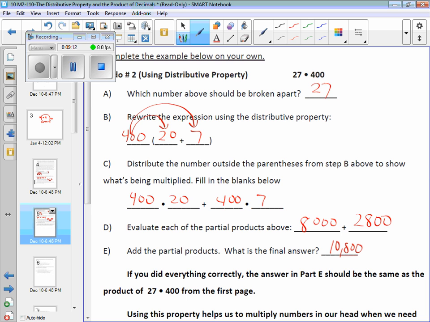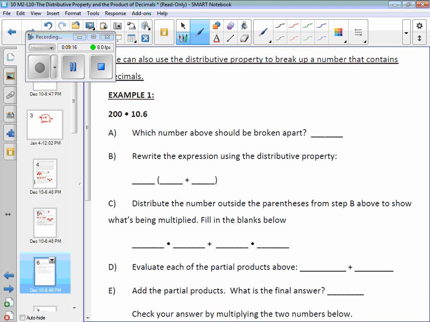Ready for your first decimal? Here it comes. Now you've got 200 times 10.6. Same procedure. Keep the numbers with zeros intact. Break up the other. What number gets broken up?